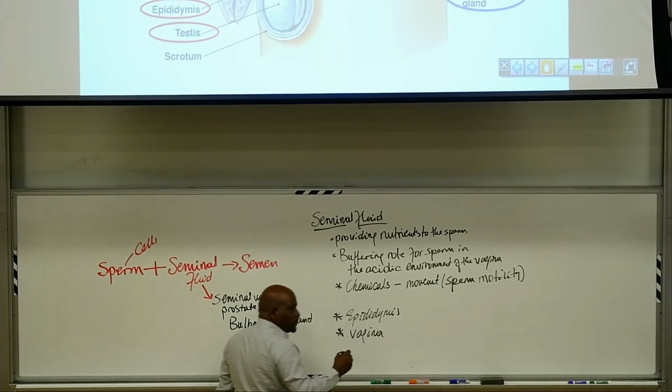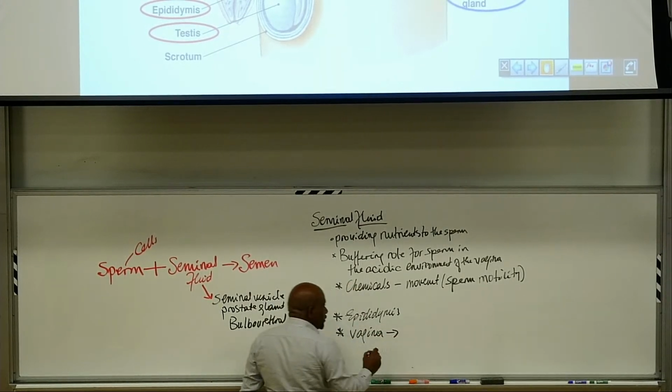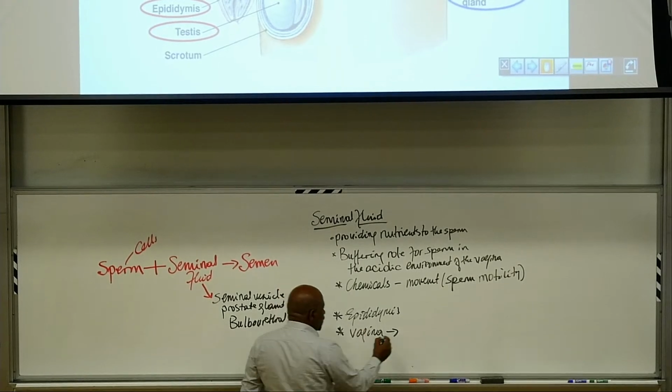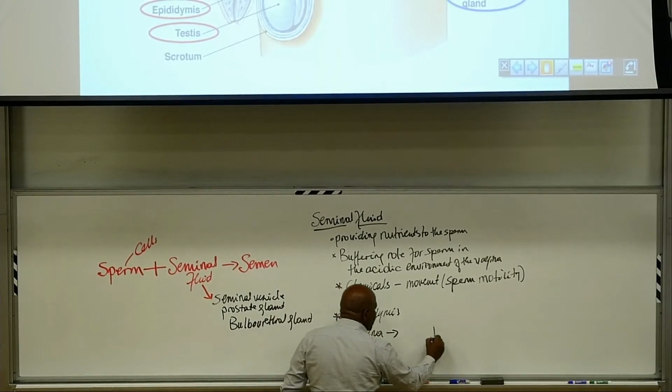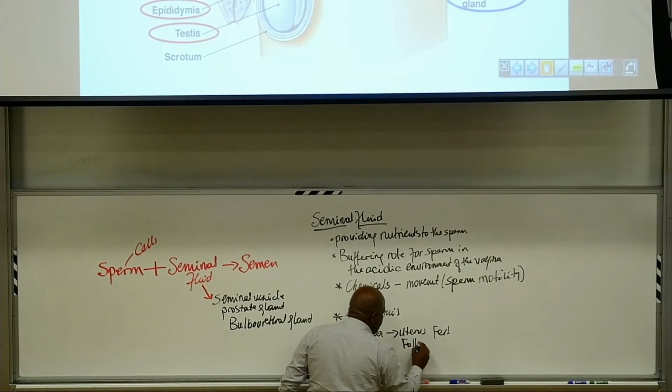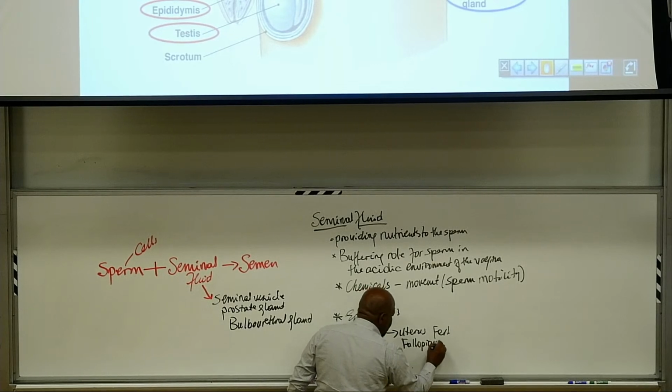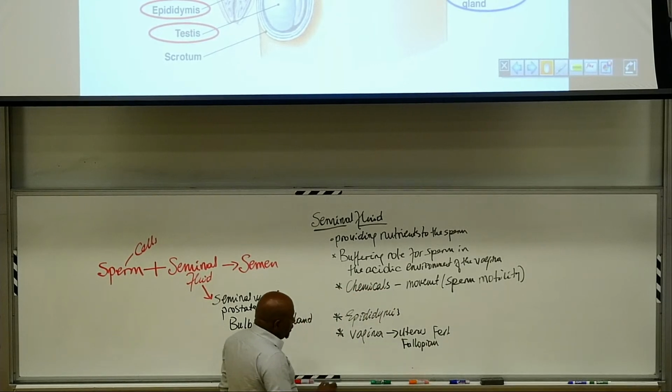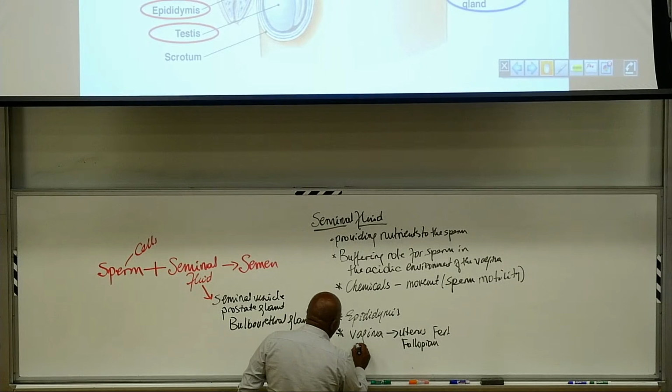During its travel or tour from the site of ejaculation to the site of fertilization, it passes through the vagina, the uterus, and gets into the fallopian tube, where it meets with the egg. So the sperm is getting capacitated.